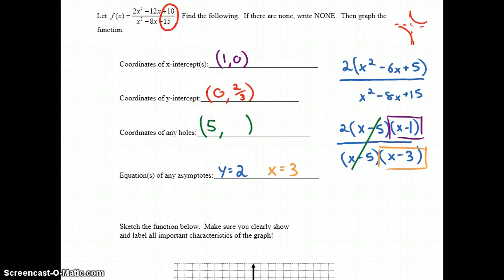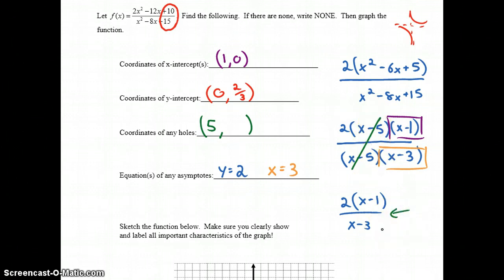Last but not least, the hole. Let's go back to what that was. Now, when I canceled out this x minus 5, I end up with an equation that's 2 times (x minus 1) over (x minus 3). If I plug in 5 for my first equation, what I end up with is something that doesn't really work, because I'll have 0 in the numerator and 0 in the denominator.